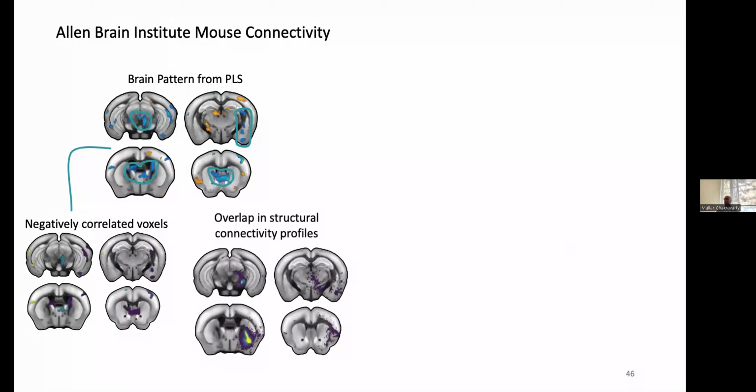And so we can use any one of these blobs, as we'll call them, that are connected voxels that are separated from the other blobs, as an ROI and look at the connectivity from that ROI using the Allen Connectivity Atlas to the rest of the brain, like you would with DWI, but in this case with the tracer experiments, as regions that are connected to one another.